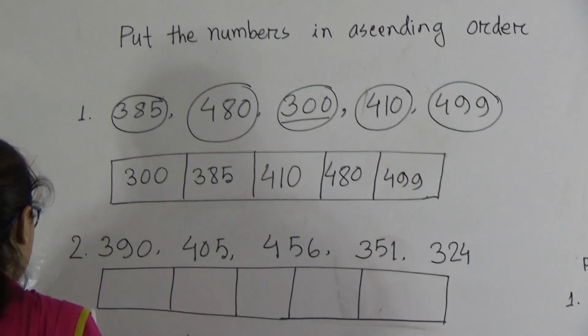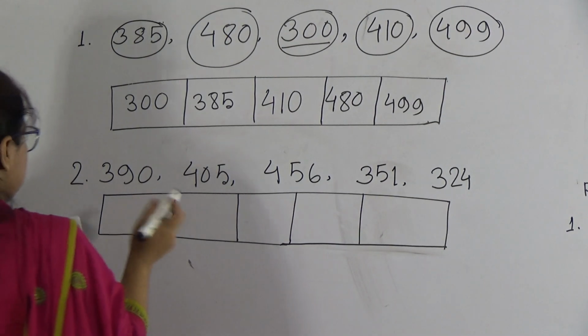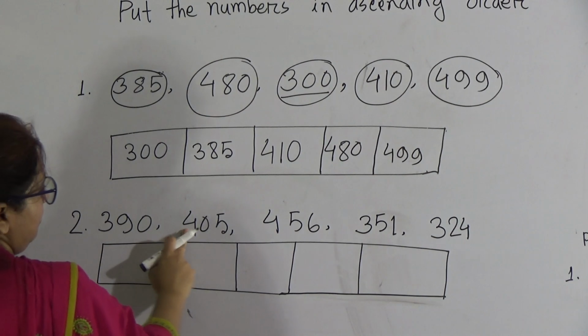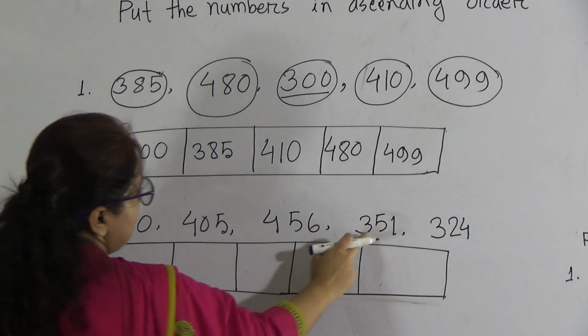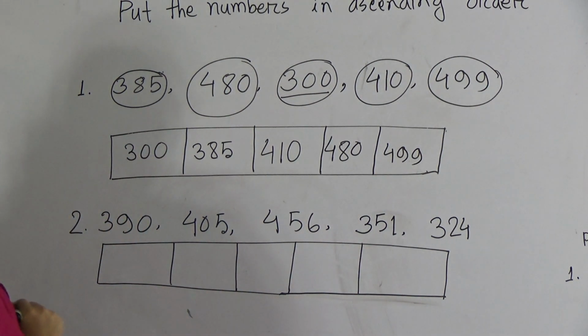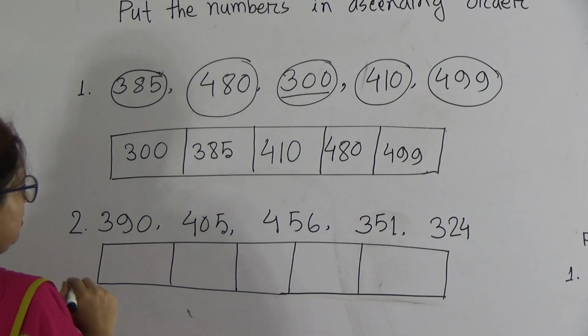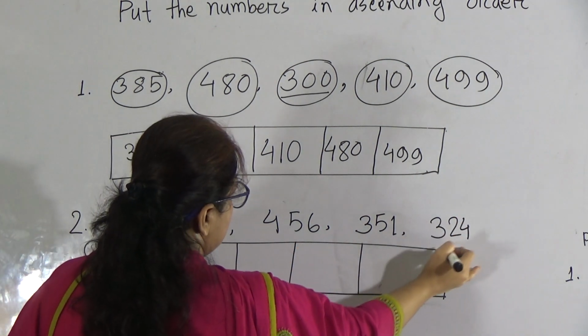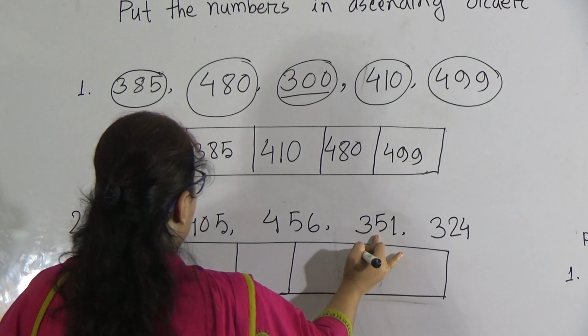Now let's arrange another group of numbers in ascending order. The numbers are 390, 405, 456, 351 and 324. Can you tell me which number will come first? Okay. 390, 324, 351.